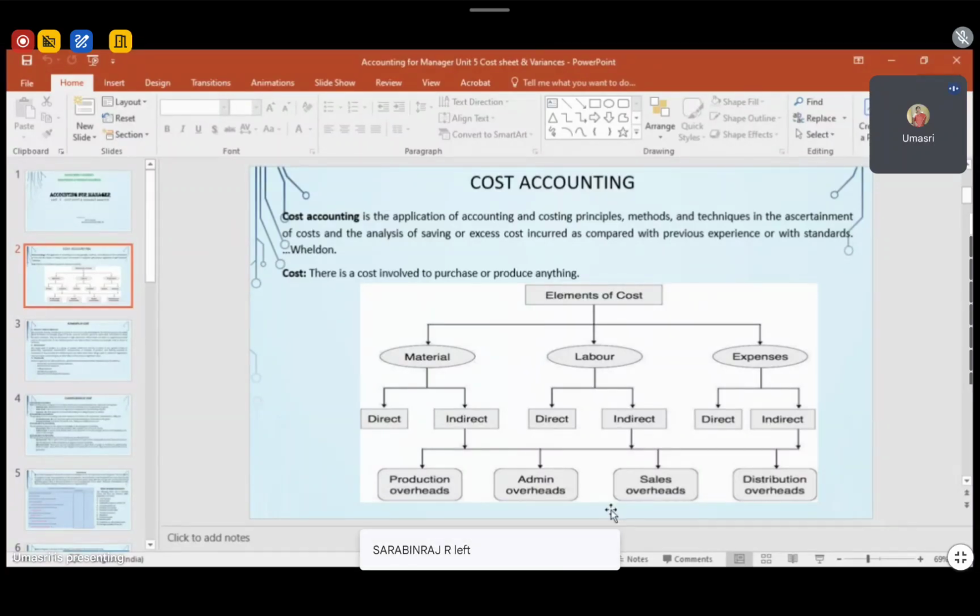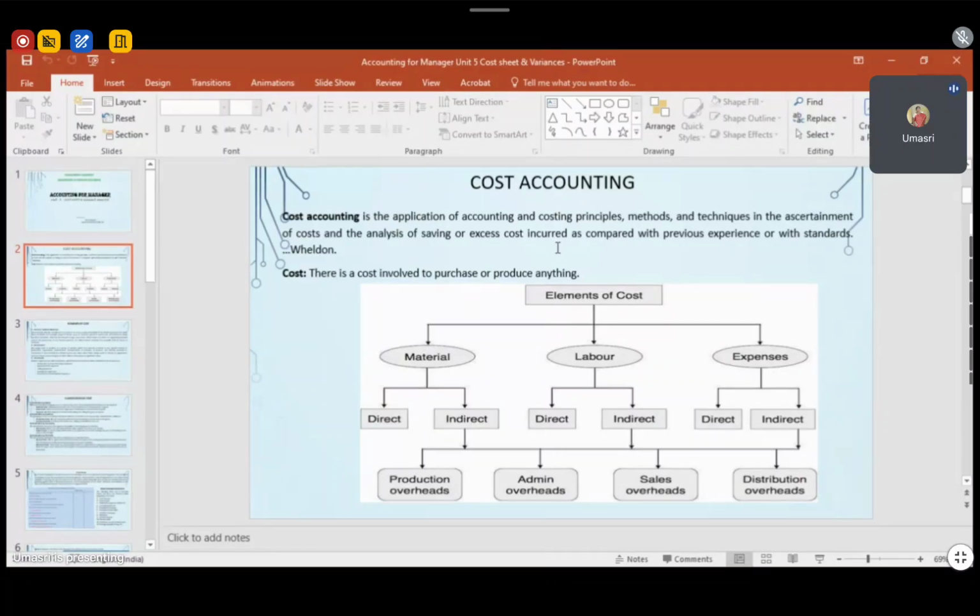See here, what is cost accounting? Cost accounting is the application of accounting and costing principles, methods, and techniques in the ascertainment of cost and the analysis of saving or excess cost incurred as compared with the previous experience or with the standards.